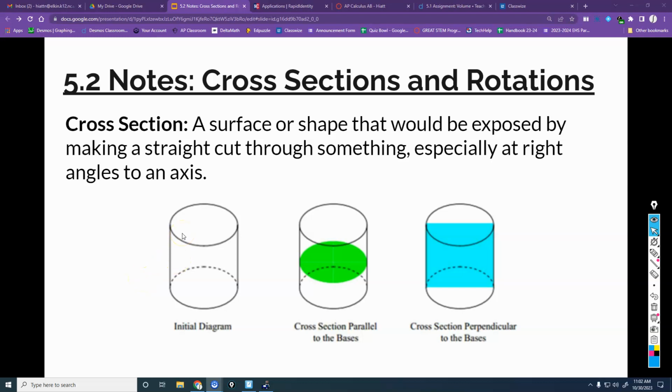5.2 is a section that is not really going to require any written work. It can't be done on Desmos.